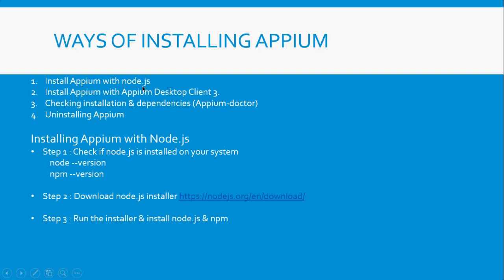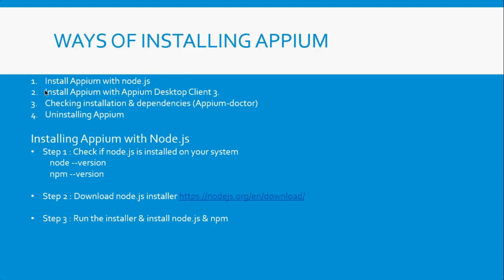It's a package, so if you have Node.js on your device, through that you can just install Appium directly, or you can go to the Appium website and download Appium directly from there.